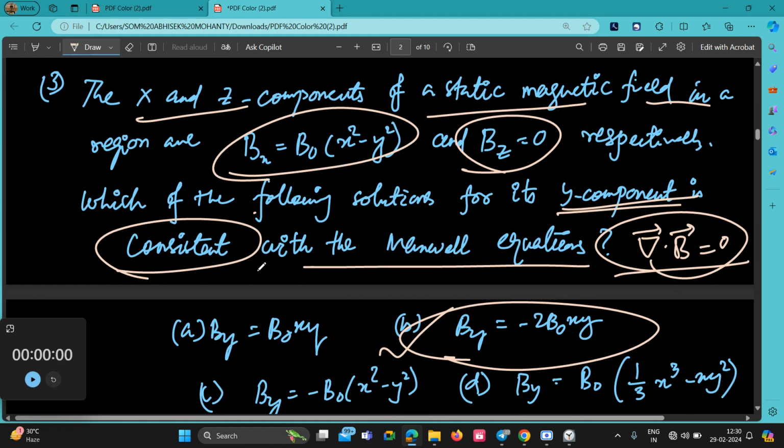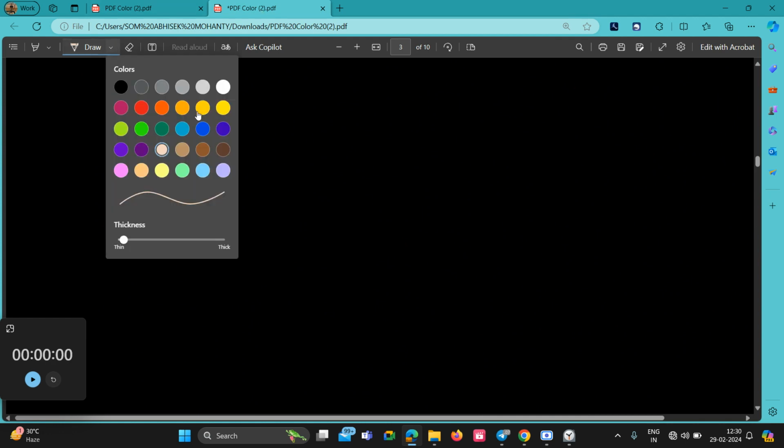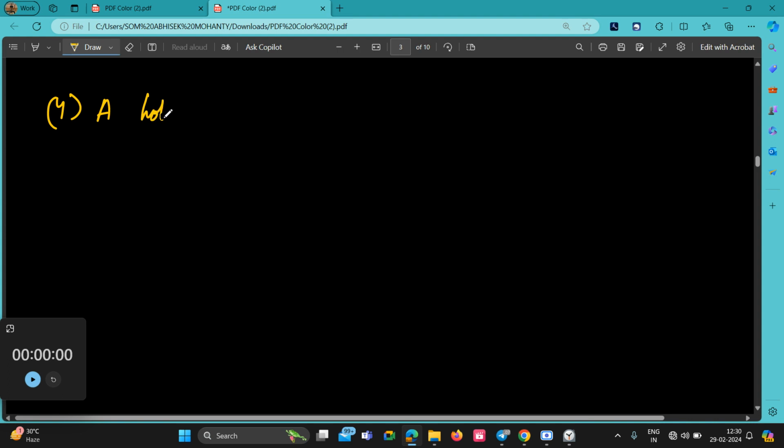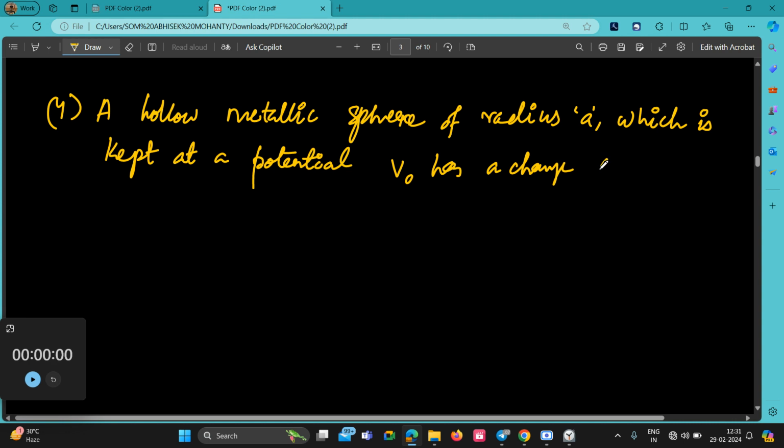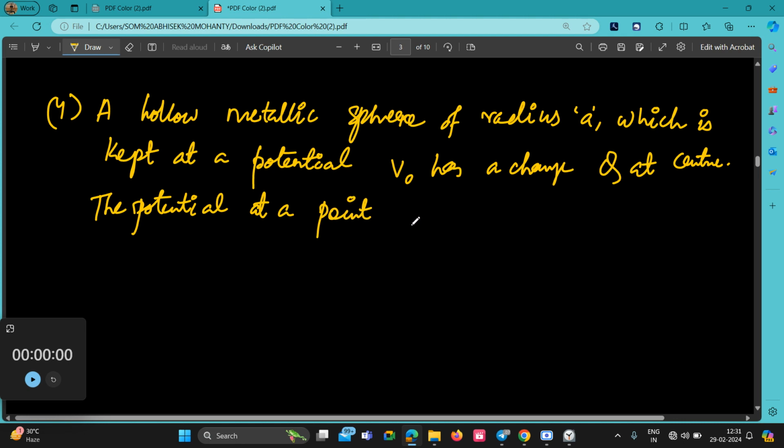Okay. Next question. Question number 4. A hollow metallic sphere of radius a, which is kept at a potential v naught, has a charge q at the center.